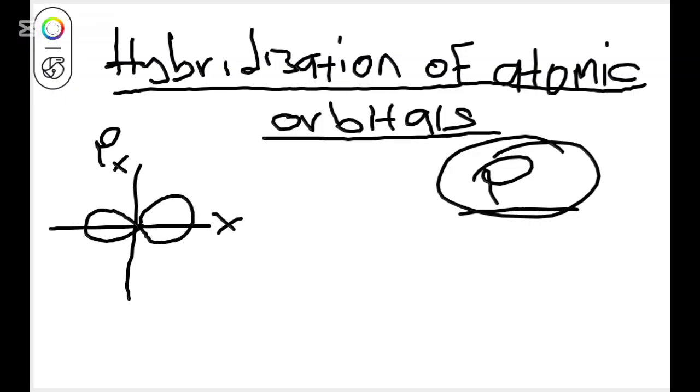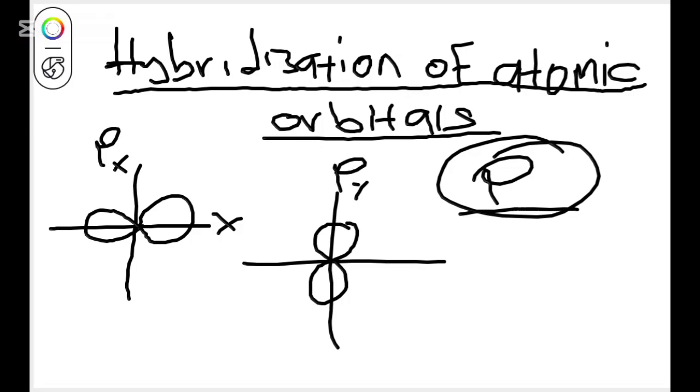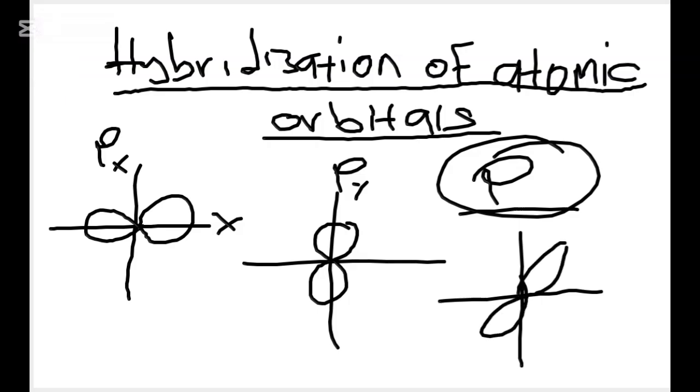We have another orbital around the y-axis, so this is py. And also we have the p orbital around the z-axis. So this is pz.